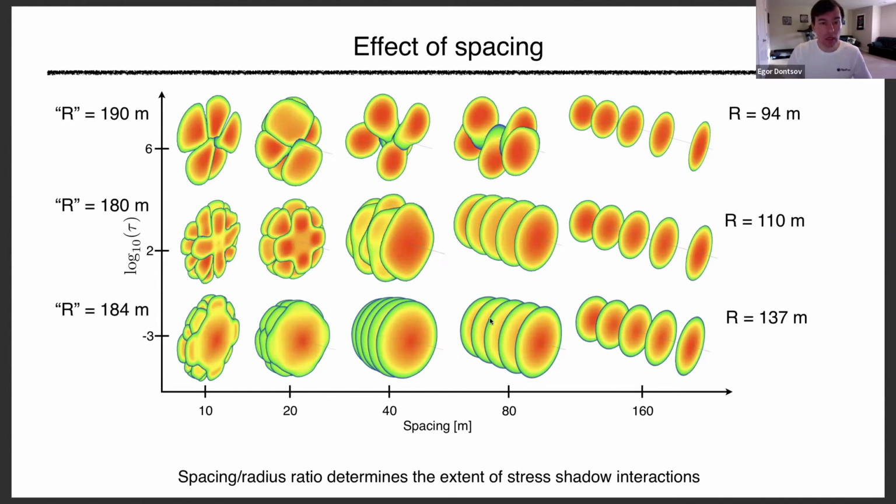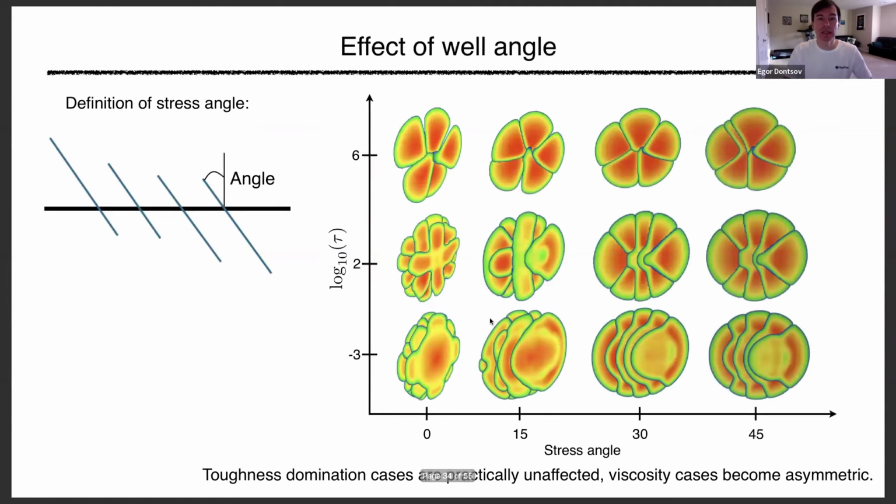So the next thing is the effect of well angle. It's not uncommon when operators drill their wells that they don't drill perfectly in the direction of maximum horizontal stress. There could be many reasons for that, because you have your lease boundaries or previous wells in the region or what have you.